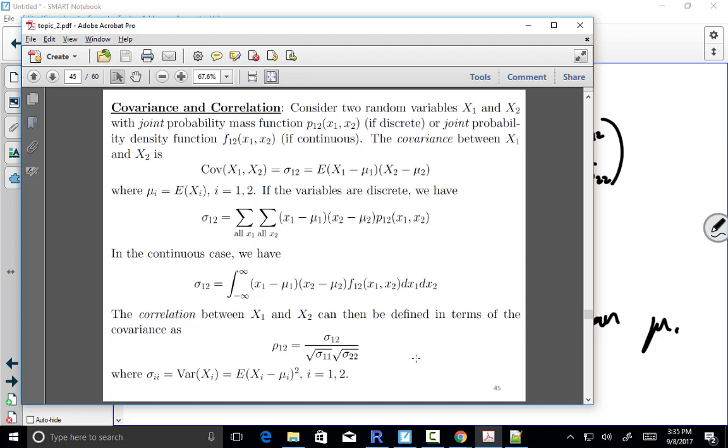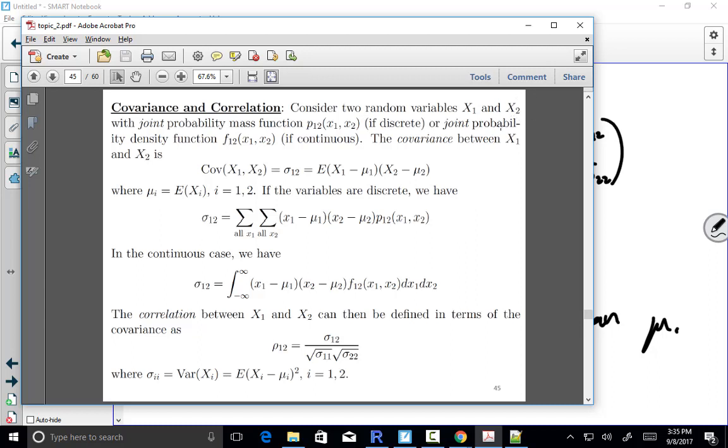And then this is important for us. Suppose we have two random variables, x1 and x2. In our case, with generally multivariate data, we have p random variables. So if you pick any two, we can talk about the covariance and the correlation between them. So here's the math.